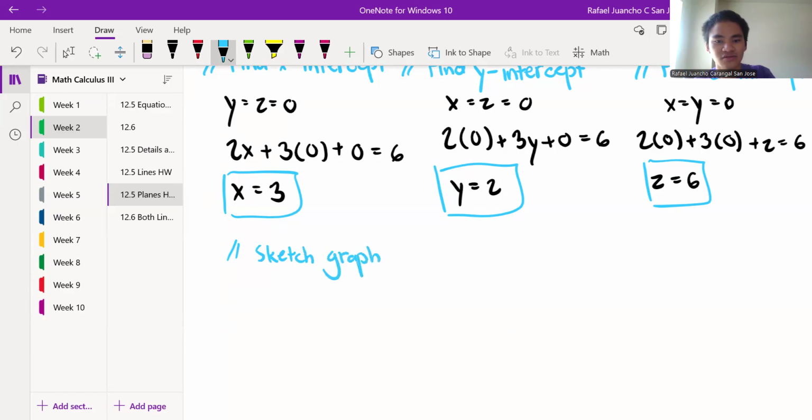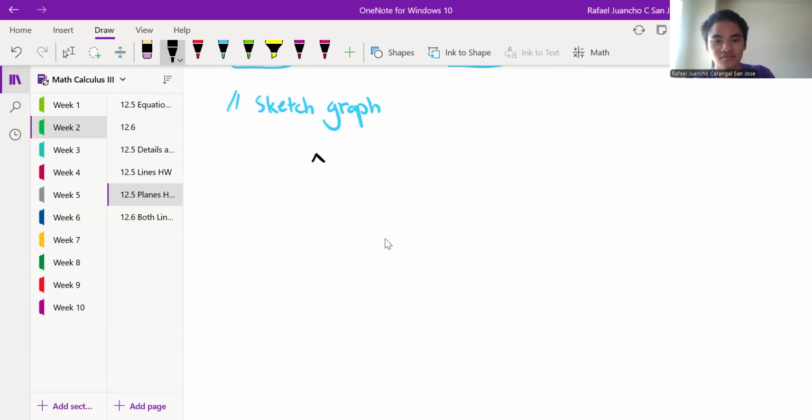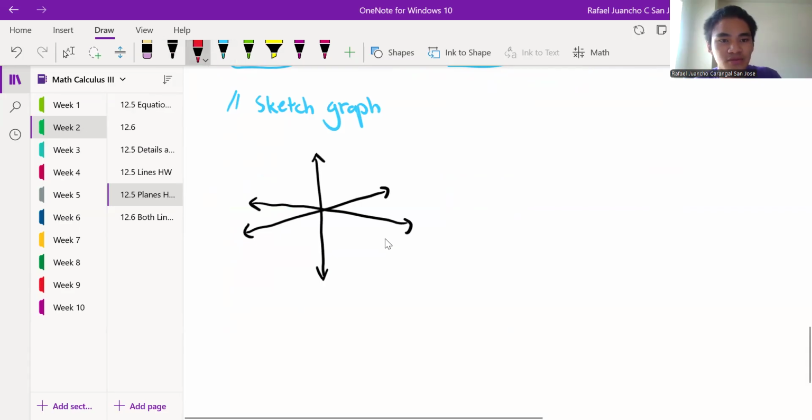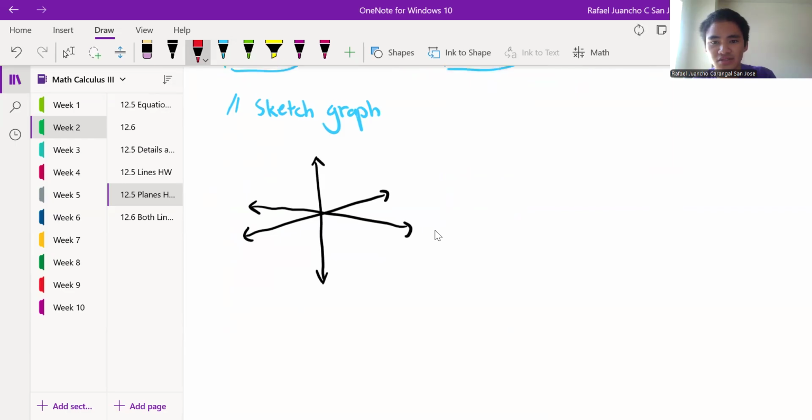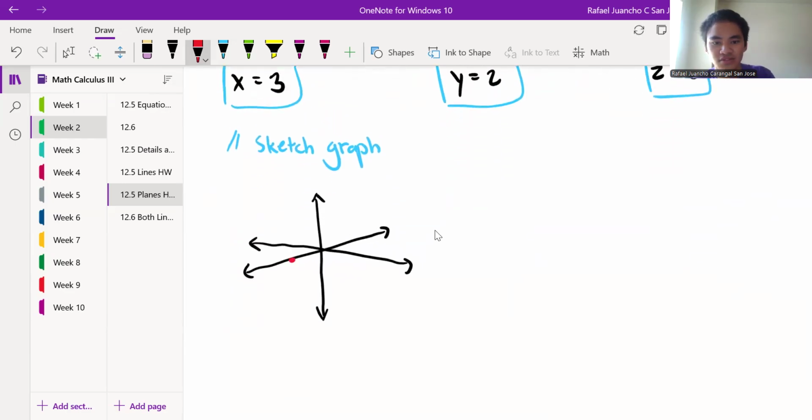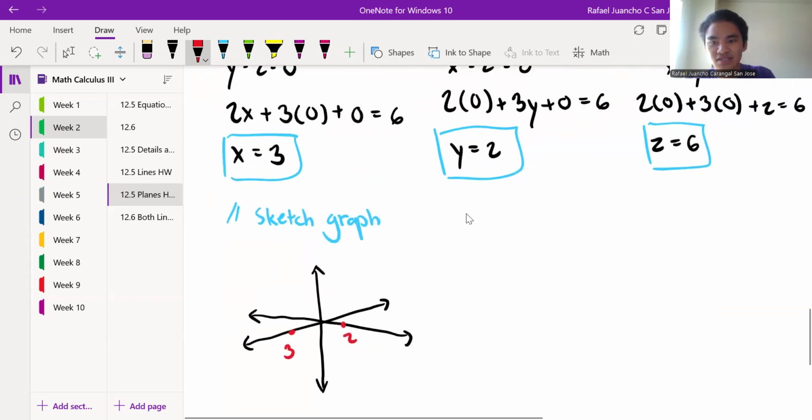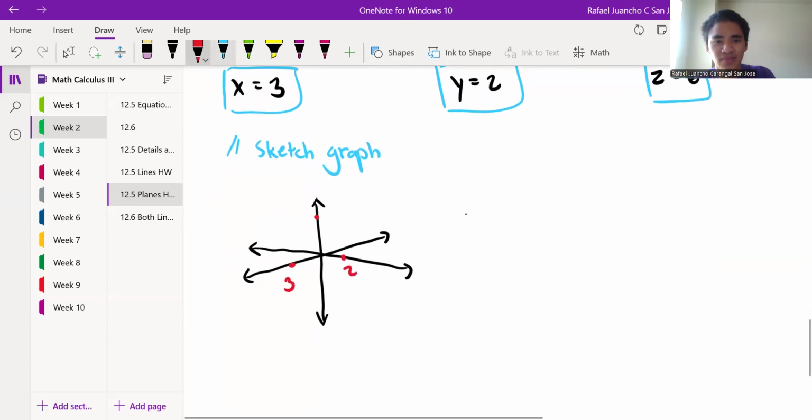But basically, if you look at it from the foreground, here we go. We have our x. Let's say it's at 3. So x is at 3. Y is at 2, so probably here. Z is at 6, so probably here.